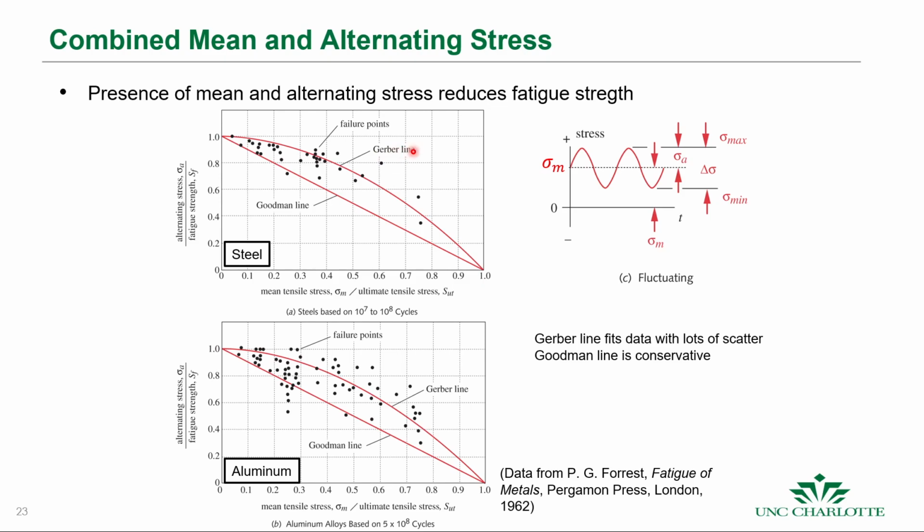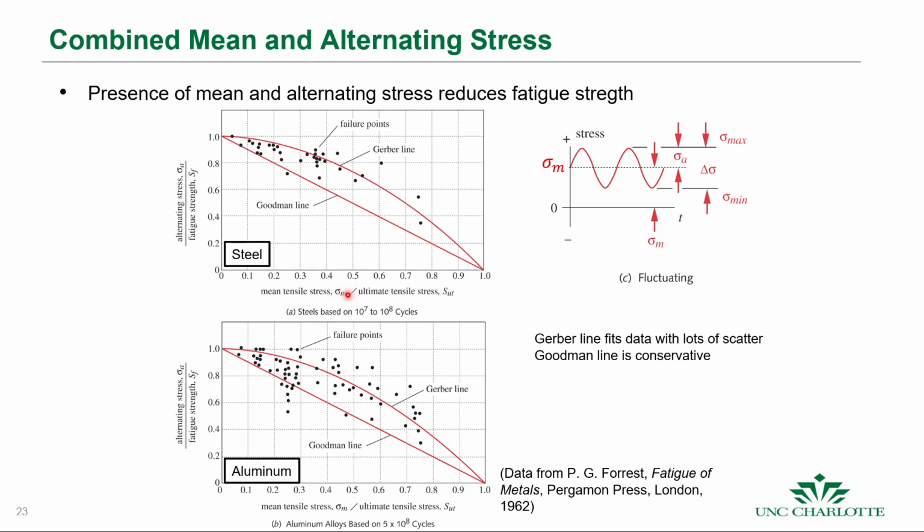But these are different theories that match the failure points when we have a mean stress and an alternating stress as well. What we can do is calculate our mean stresses, and in this graph, the alternating stress is divided by the fatigue strength, and the mean stress is divided by the ultimate tensile strength.